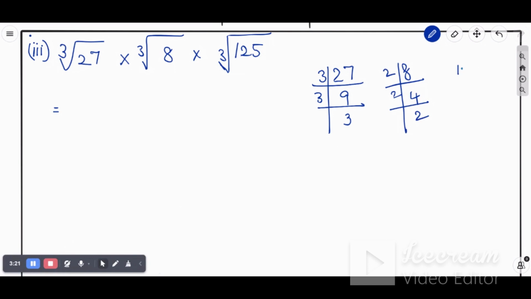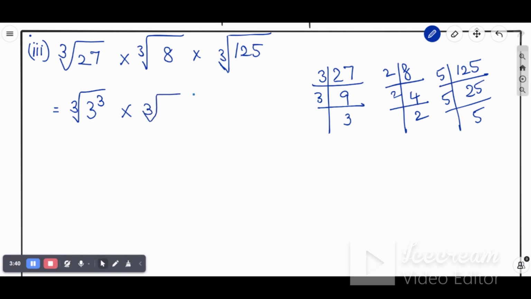125 anyway I'll simplify it for you. If you know it directly, you can directly write it: 5 5s are 25, 5 25s are 125. So now I am going to write this as cube root of 3 cube, cube root of 2 cube and cube root of 5 cube.